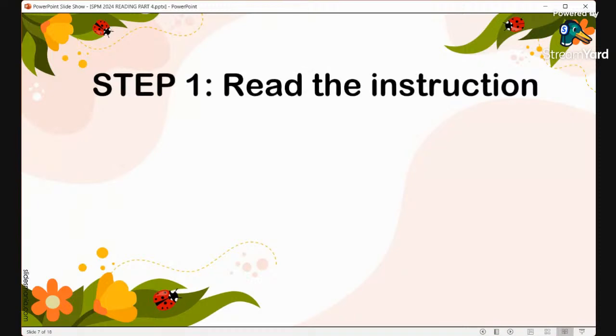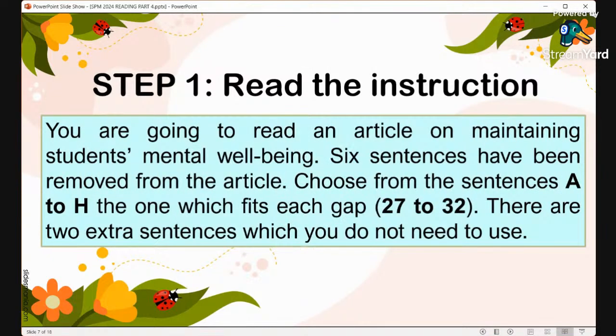Okay, so step 1, read the instruction. You are going to read an article on maintaining students' mental well-being. Six sentences have been removed from the article. Choose from the sentences A to H the one which fits each gap 27 to 32. There are 2 extra sentences which you do not need to use.